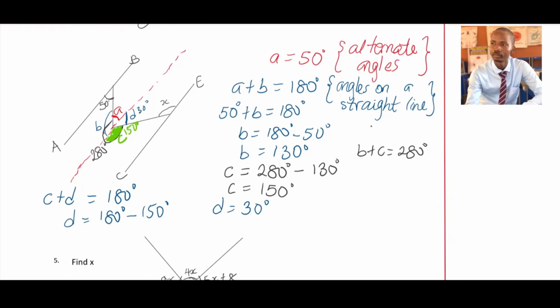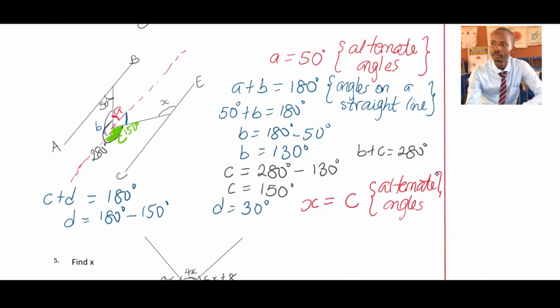I could have just used that C is alternate to X, even without looking for D. There's absolutely no point looking for D, so don't make it too complex. So we can say that X is equal to C, alternate angles.